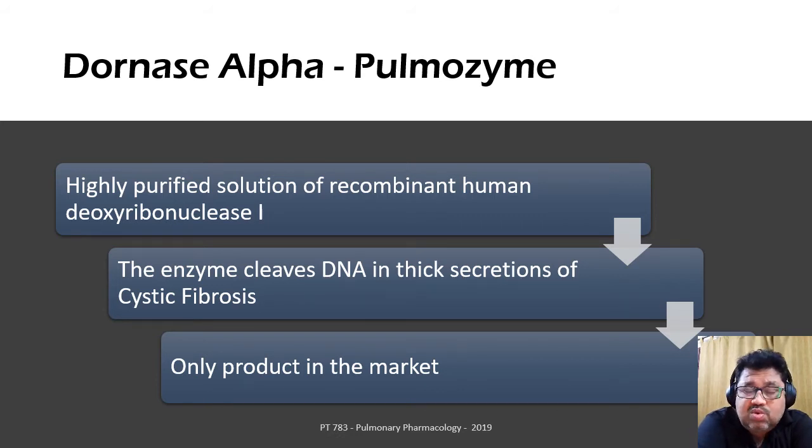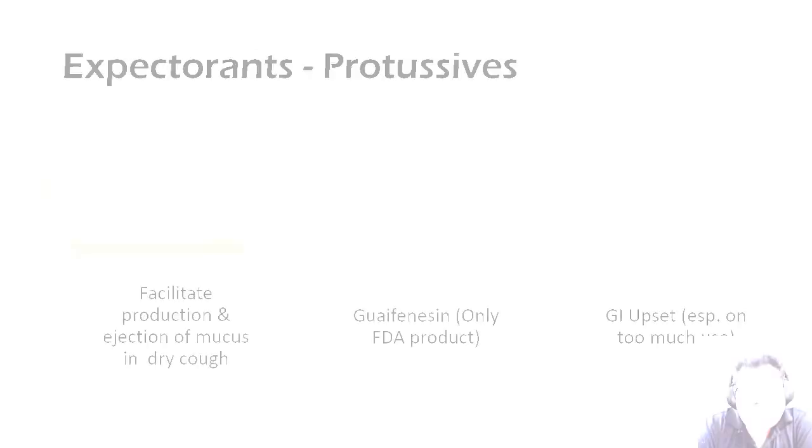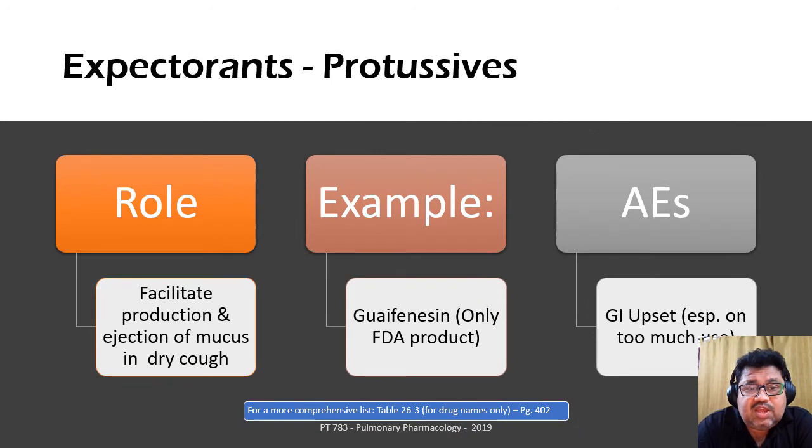It is the only product in the market for this particular application in cystic fibrosis. So Dornase alpha is prescribed to cystic fibrosis patients only.